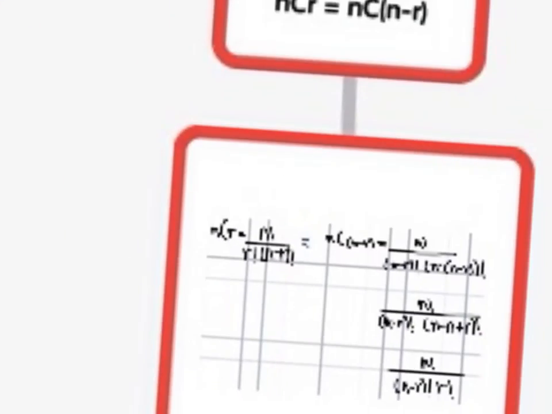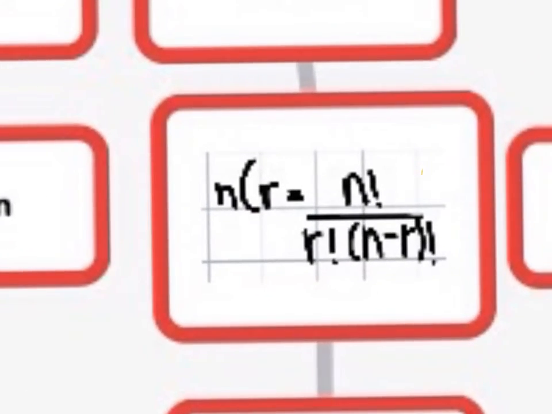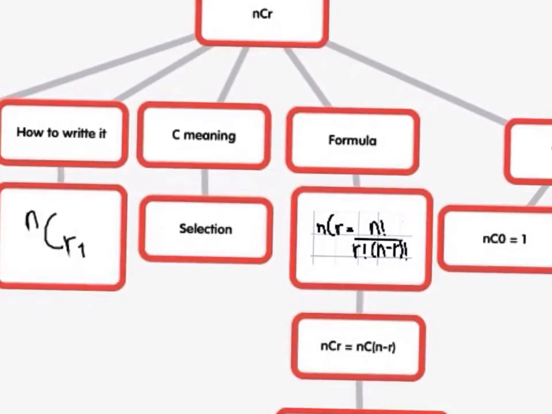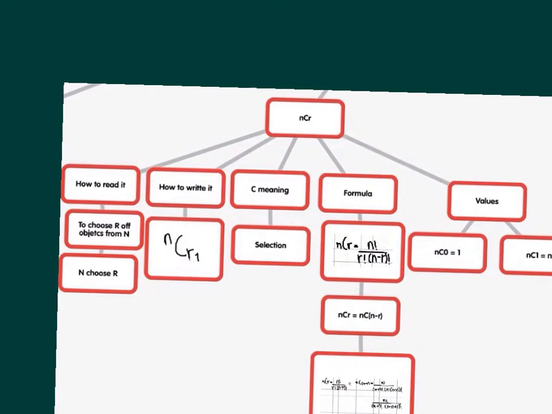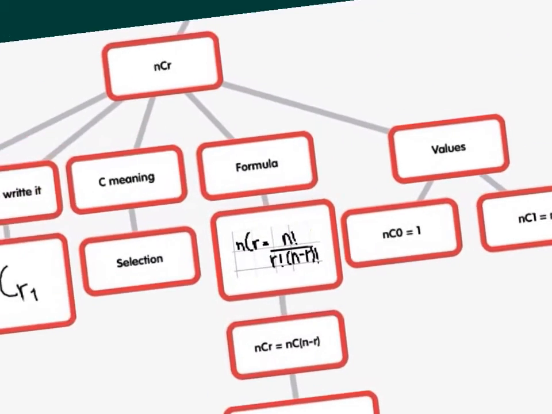And when we simplify this, it will be n factorial divided by (n minus r) factorial times r factorial, which will be the same as the first rule, n factorial over r factorial times (n minus r) factorial.